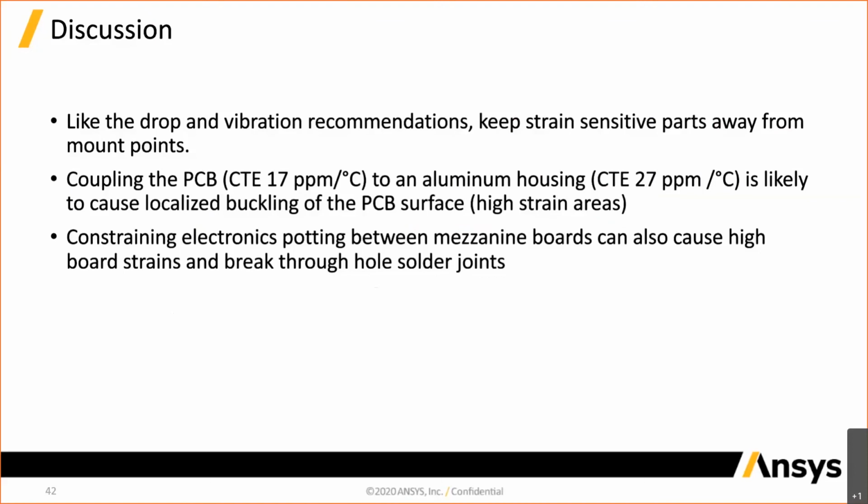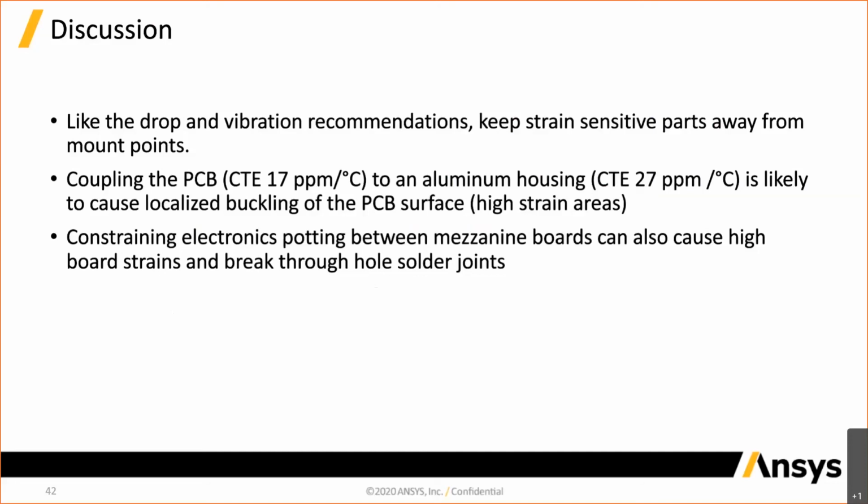You'd be amazed how many issues we see because of potting. When it comes to board influence, we see so many problems with potting done wrong or poor selection of potting as far as the glass transition temperature and its expansion rate.